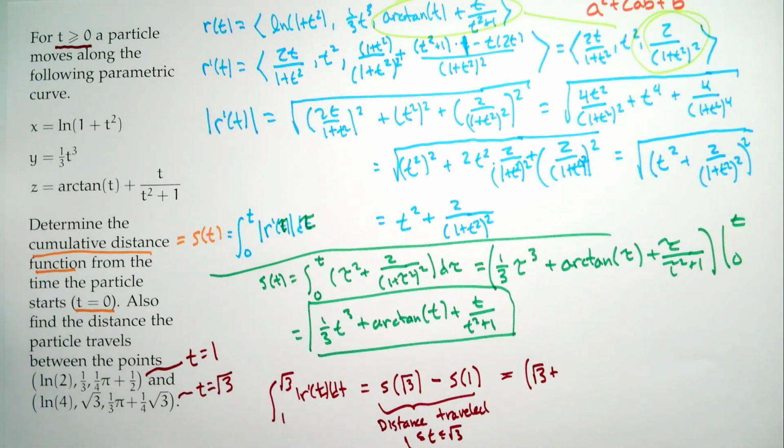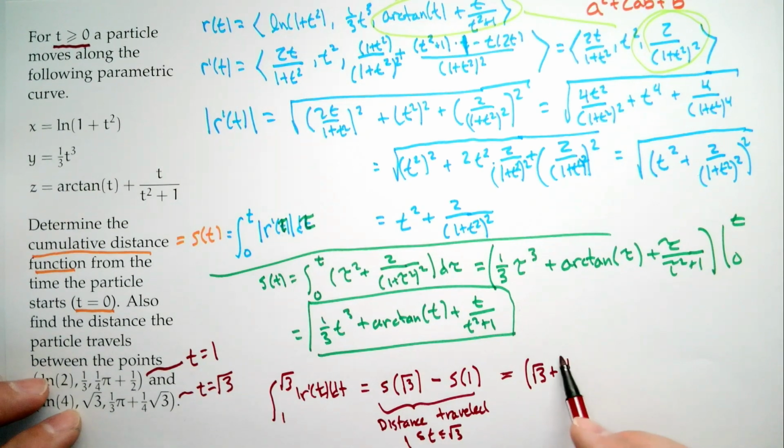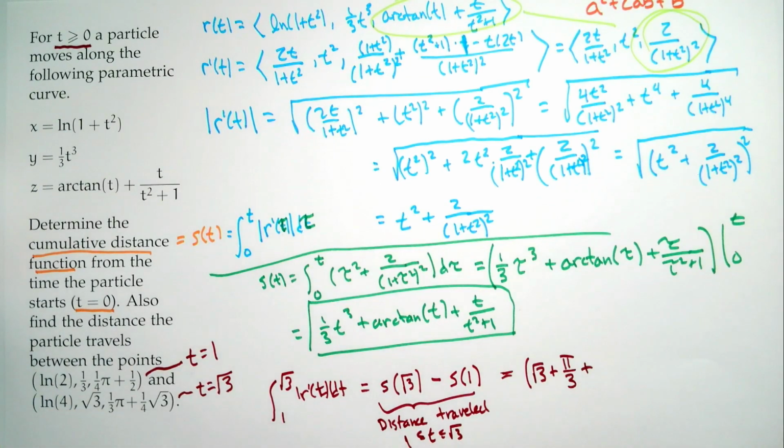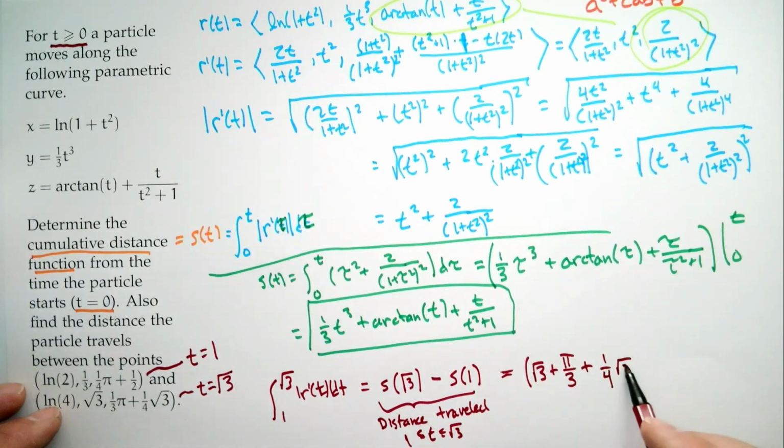Ooh, close. It's pi over 3. And in case you're nervous, do I have to memorize arctangent of root 3? That would be one we'd probably give you if it was important. But you should know arctangent of 1. And root 3 over root 3 squared plus 1, that's 1/4 root 3.